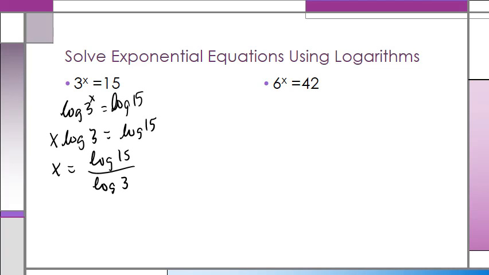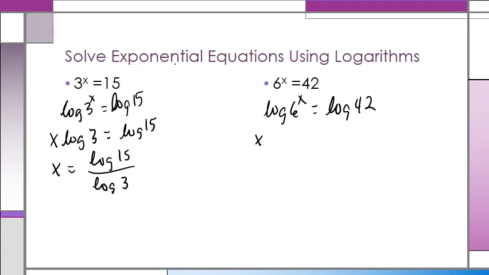And so now let me move over here to the next one. So if you see what we did, we're going to do the same thing for this exponential equation, 6 raised to the power of x equals 42. So we've got the log of 6 raised to the power of x equals the log of 42.